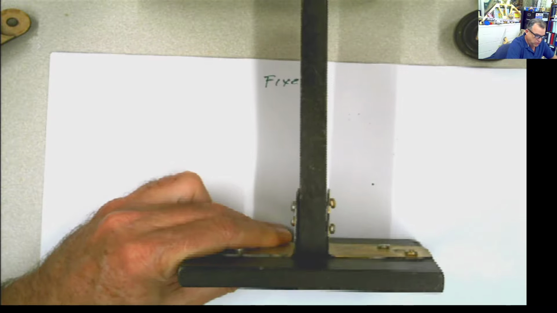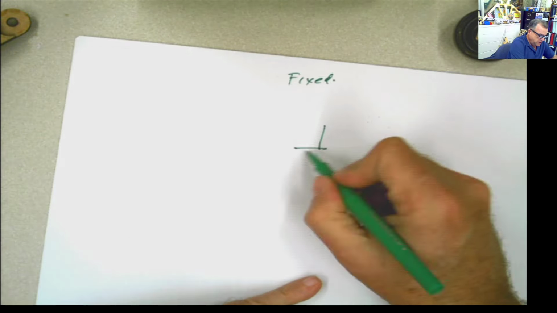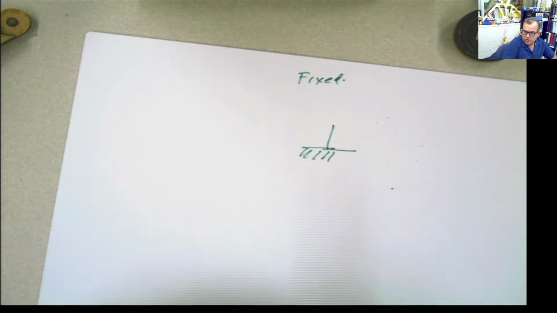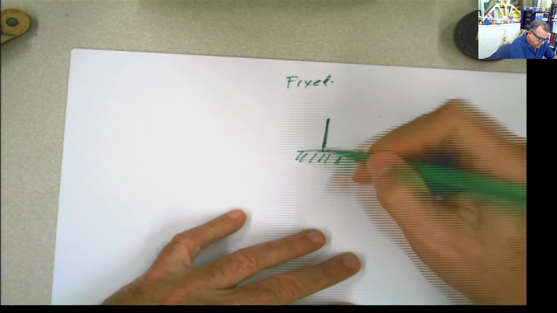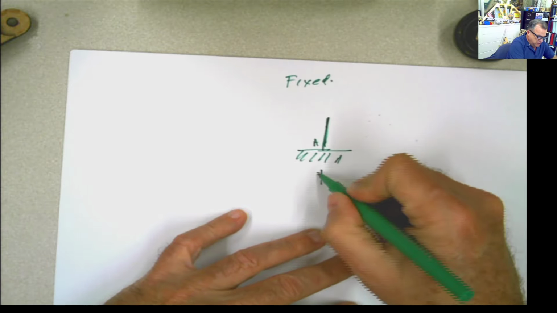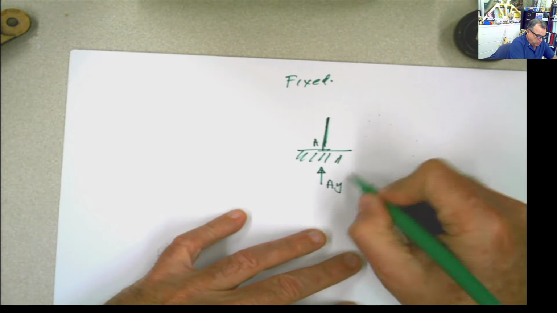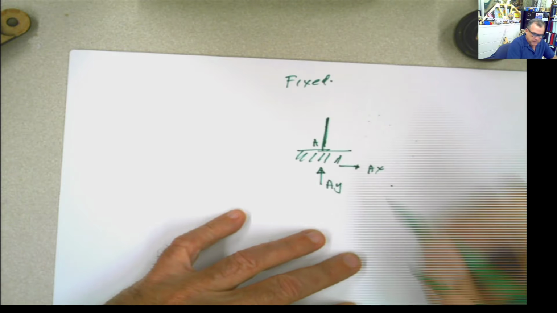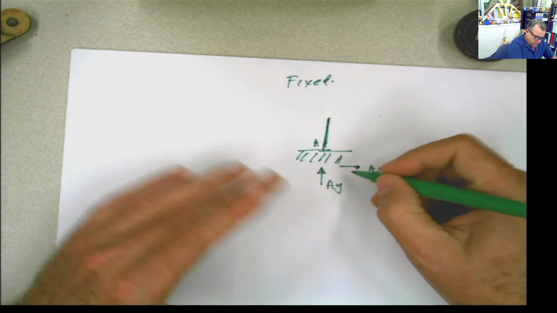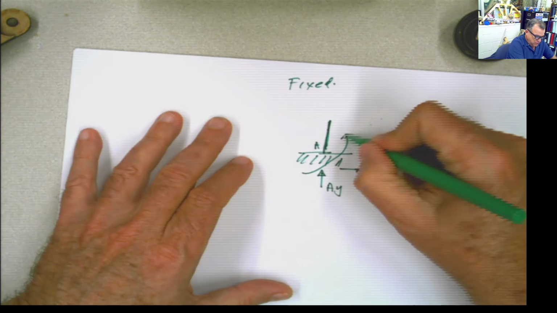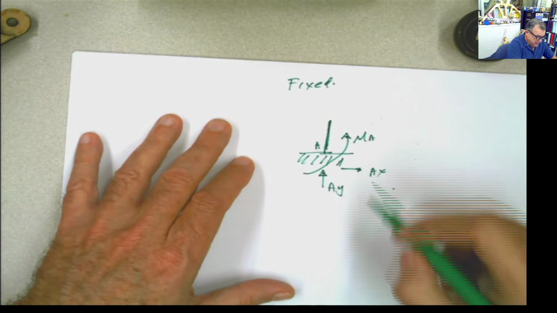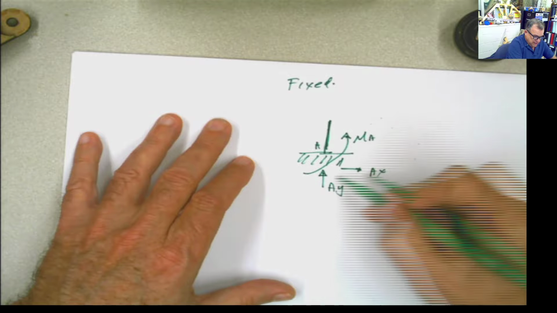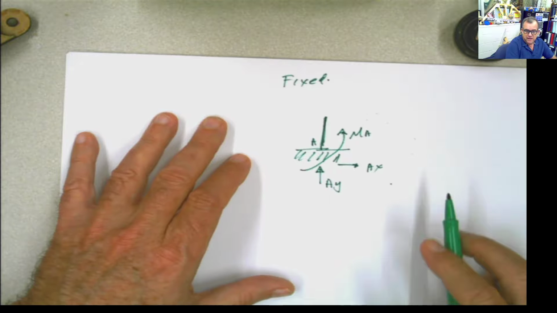So that support, which is fixed support, usually this is the symbol for fixed support. If this is the point A, a fixed support is going to produce two reaction forces in any direction, but two, and one moment reaction, because it's preventing the sliding in any direction, and also is preventing the rotation.